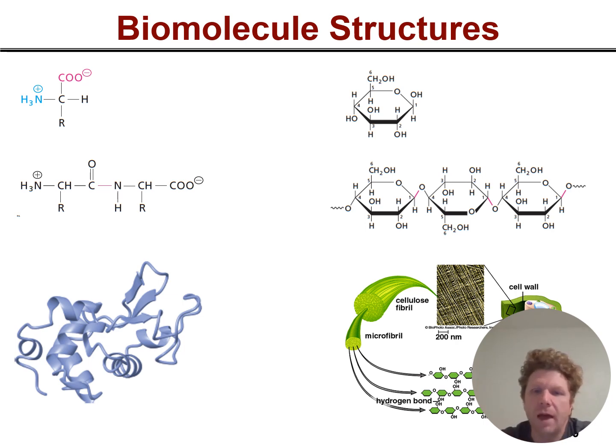Now, that is, at the end of the day, just a bunch of carbons, hydrogens, and oxygens. There's some nitrogens in there as well, but we won't worry about that for the time being. So we have these repeating units going on over and over again to give us this higher order structure, this cell wall, these cellulose molecules that make a plant stand up.